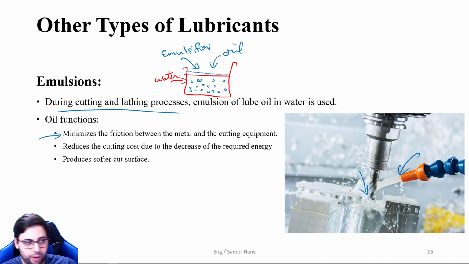Okay, when we minimize the friction, we reduce the energy that we need for this application, whether it's cutting or lathing. We reduce the energy required, and hence the cost of energy that we spend to do this particular application. And another advantage of using this cutting fluid is to produce smoother cut surfaces.